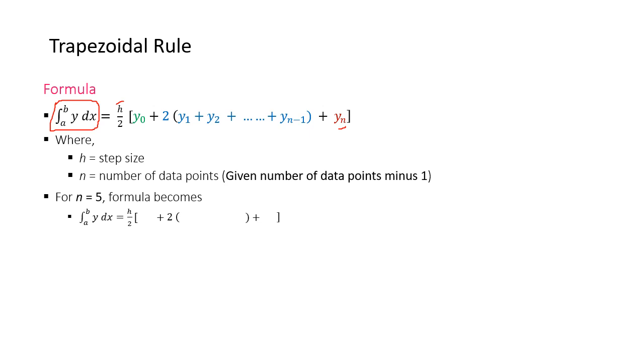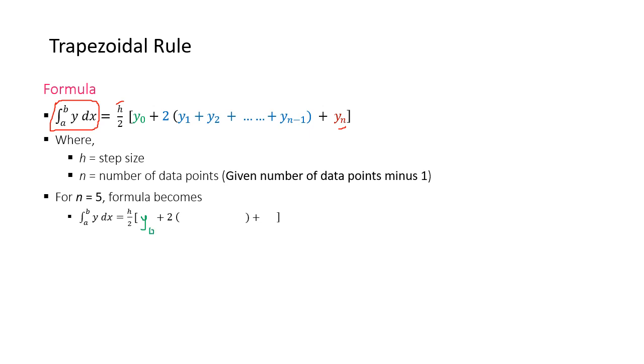Starting with the left hand side, we again have the integration from a to b of y dx equals h by 2 as it is. Then let us start with the first green term inside the square brackets, which is y0. So y0 will be as it is.